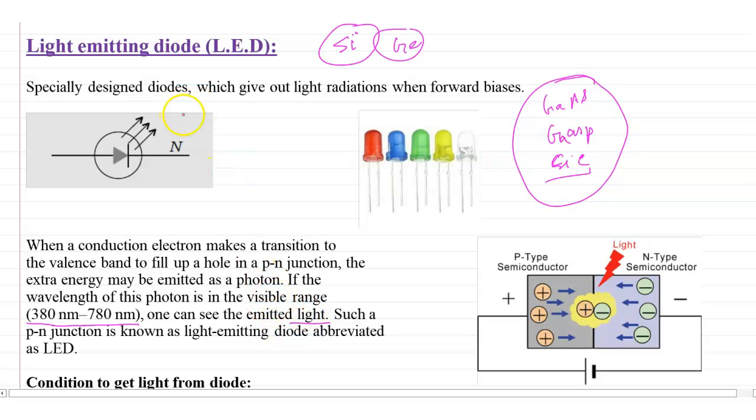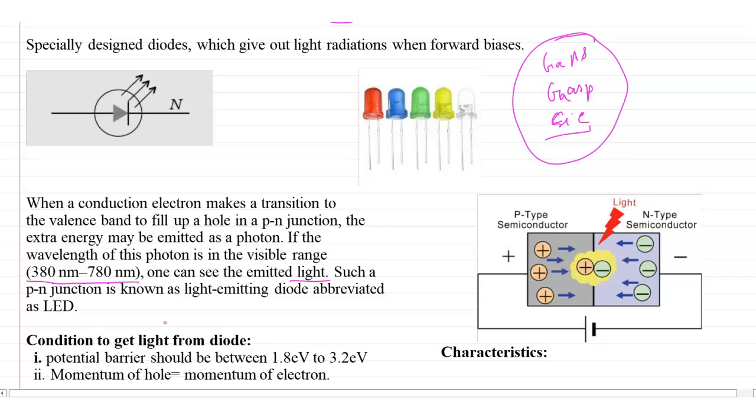The radiation also comes out from silicon and germanium, and a very small amount of non-radiative transition is there, but here radiative transition dominates. When the radiation wavelength is between 380 nanometer and 780 nanometer, then we can see the emission of light. Such a p-n junction diode is known as an LED.